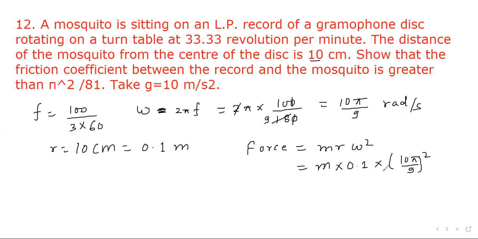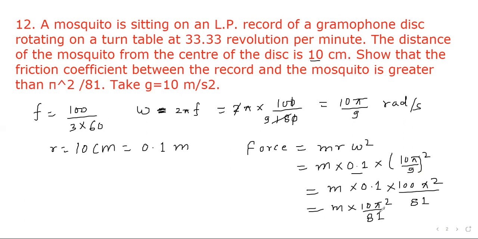So this will become m into 0.1 into 100 pi square divided by 81. So this will become m times 10 pi square by 81.